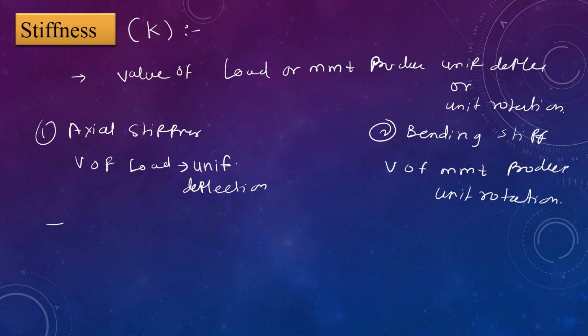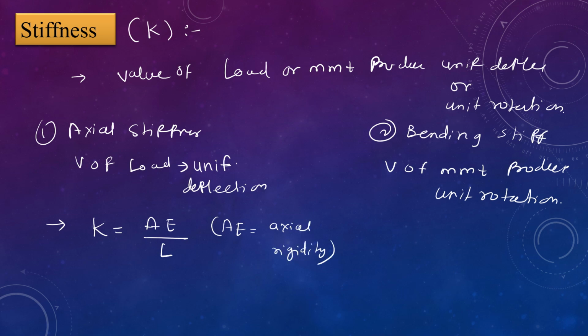Okay, so the formula for stiffness: K for axial stiffness is equal to AE by L. This is the axial stiffness, and AE is nothing but axial rigidity.